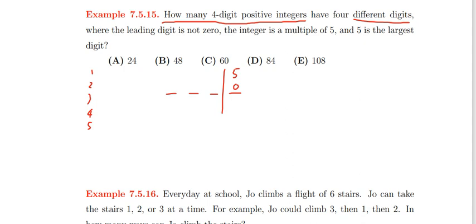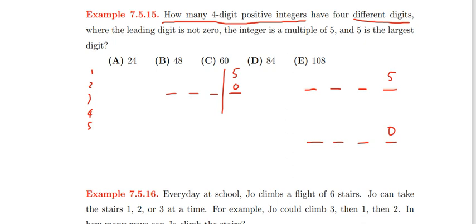It depends on whether the last one is already 5. So here we need to consider 2 different cases. Let's suppose the last one is 5, or the last one is 0. We just check these 2 cases.